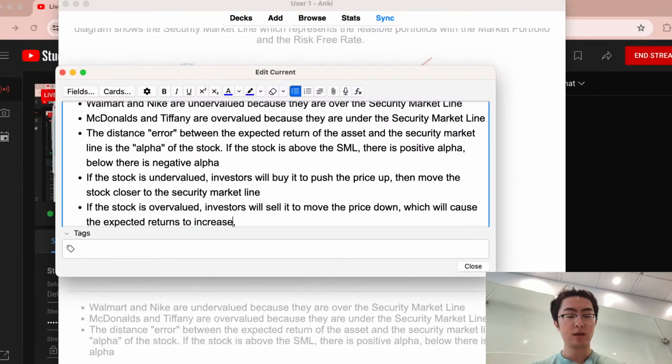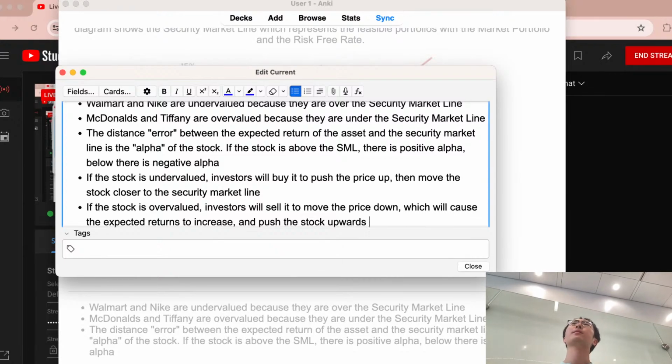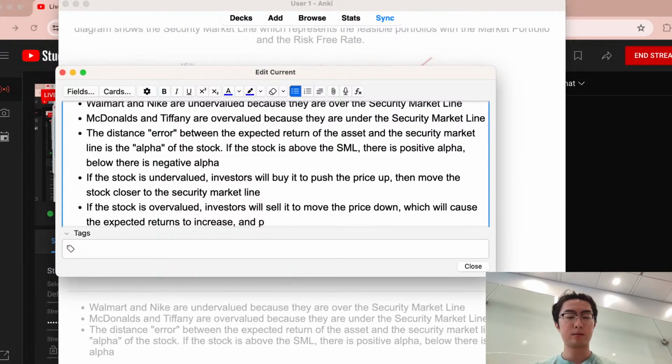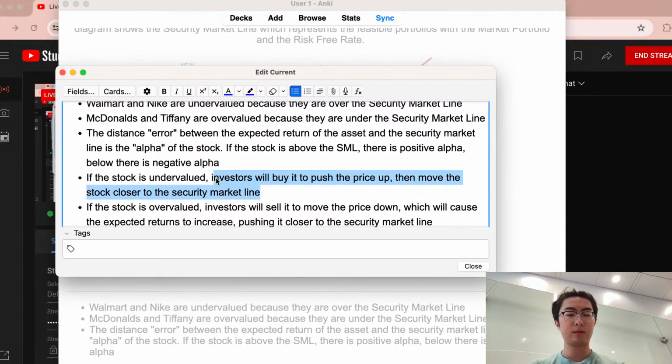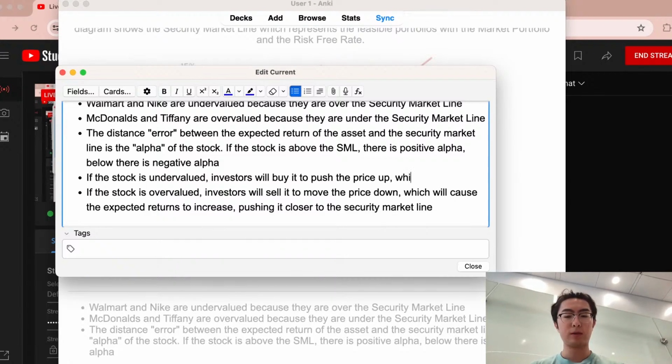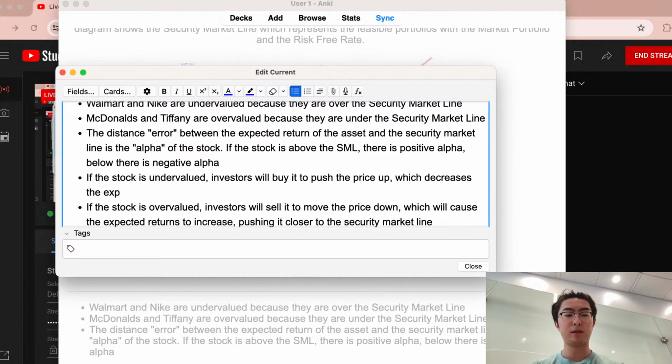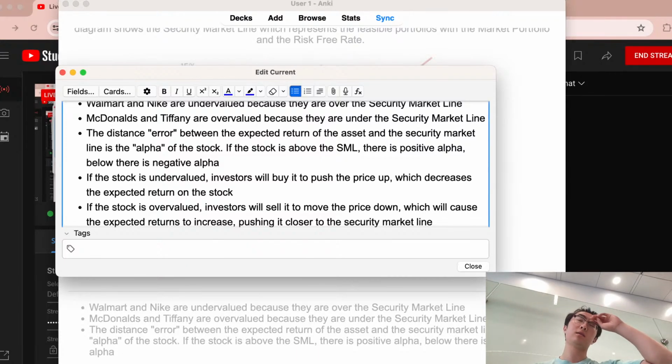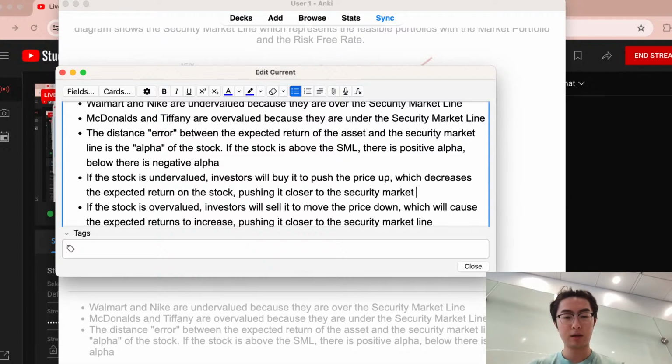Expected returns to increase, and push the stock upwards, pushing it closer to the security market line, which decreases the expected return on the asset, pushing it closer to the security market line.